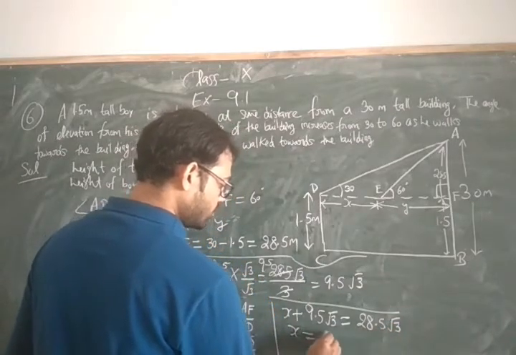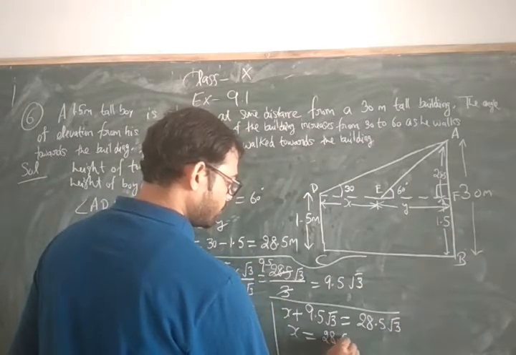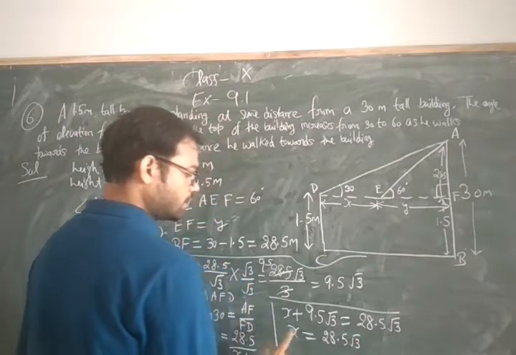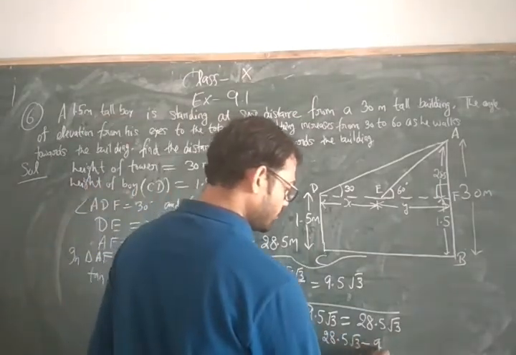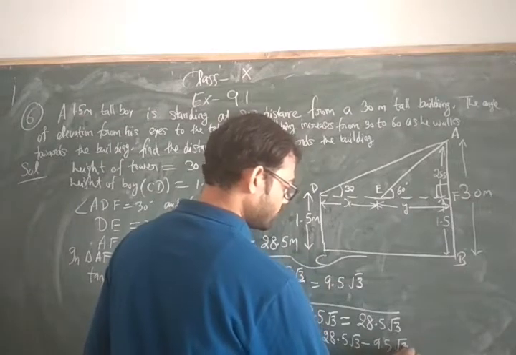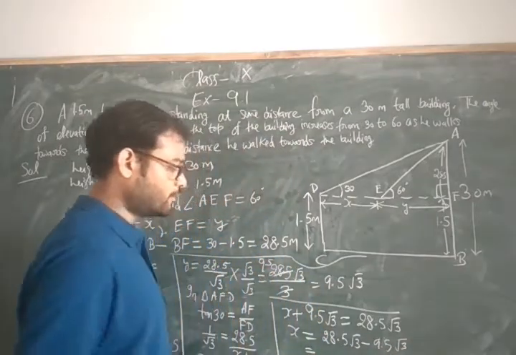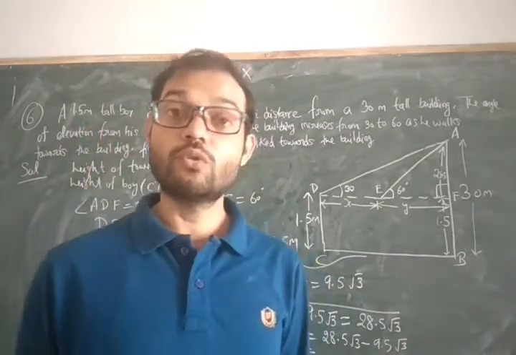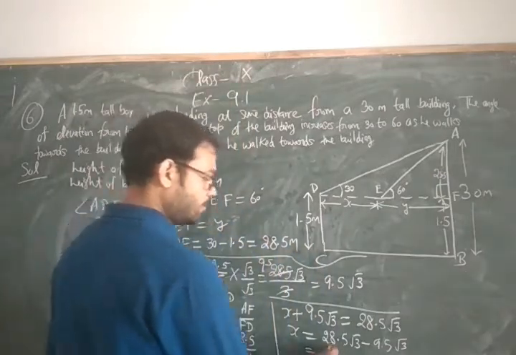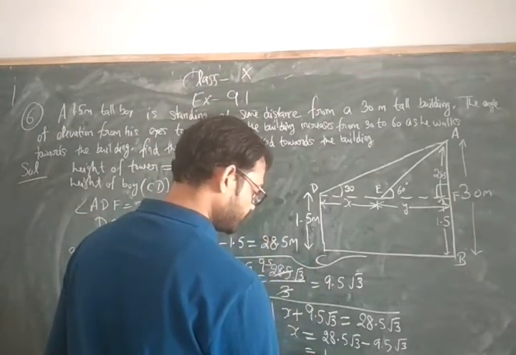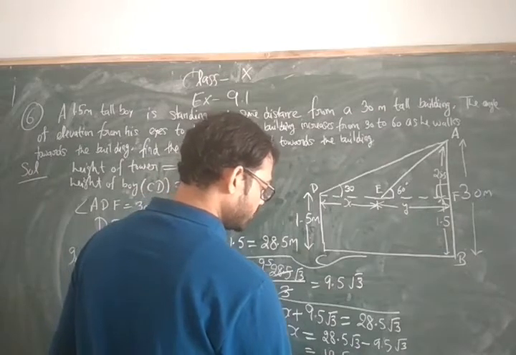So x is equal to 28.5 root 3, this plus will become minus 9.5. So from 28.5 you have to subtract 9.5. So it becomes 19 root 3.